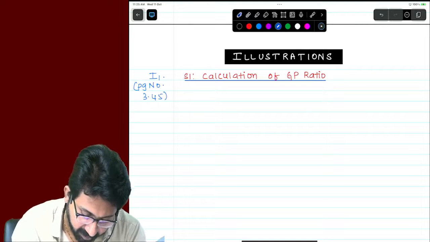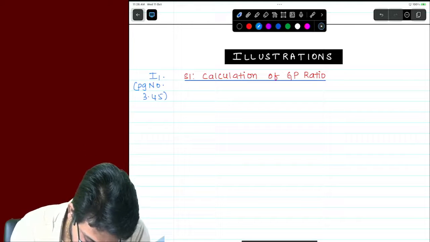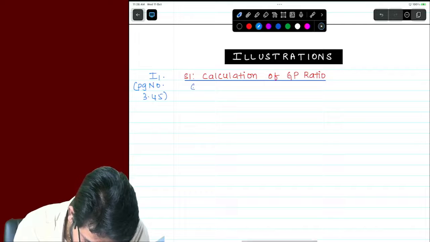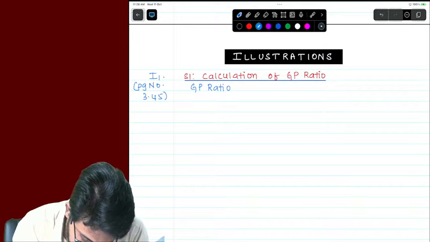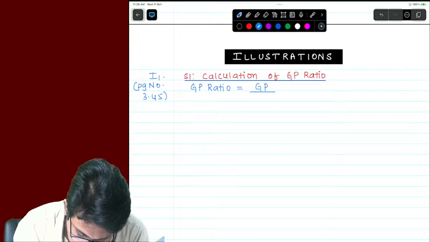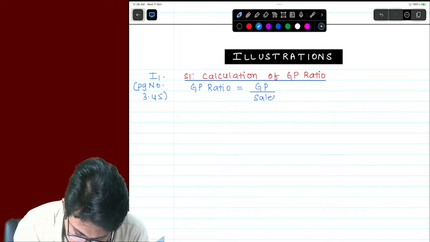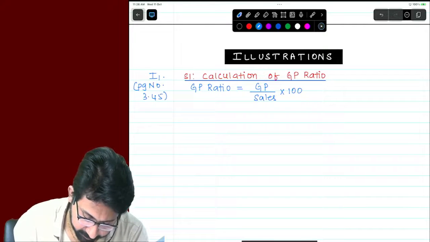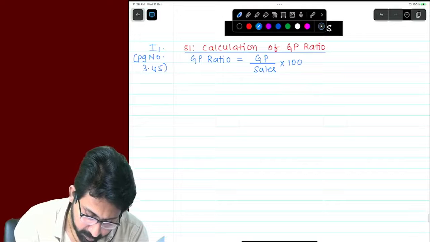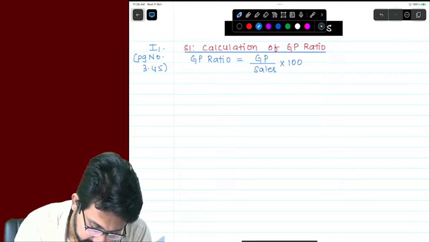First, write down the formula clearly. Everyone, present the formula properly. GP ratio equal to, tell the formula. GP by sales into 100.